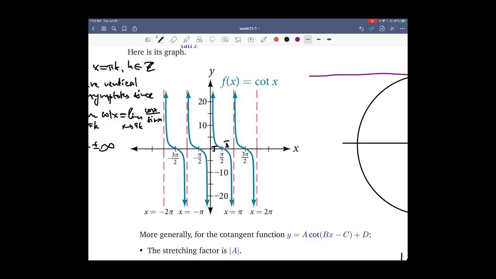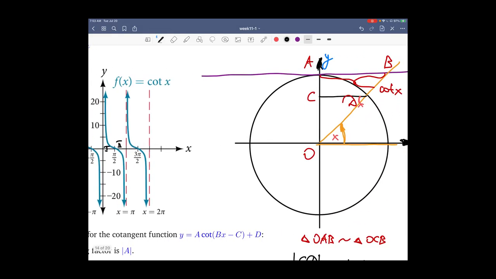Now what happens in the second quadrant? In the second quadrant, cosine is now negative, and it gets more and more negative from 0 to negative 1. Whereas sine is positive but gets closer and closer to 0. So we're dividing numbers that are close to negative 1 by a number that's slightly above 0. Of course, the result will be a huge negative number.